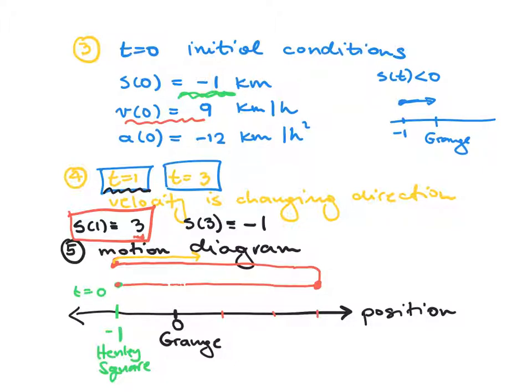What I'm actually interested in is just to see the total distance that I have walked in the first 3 hours. How I'm going to do that: I'm going to look at this graph, and I do know the initial point. Where I started was Henley Square, which was 1 kilometer away from Grange.